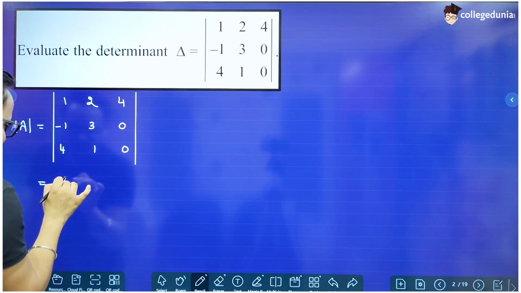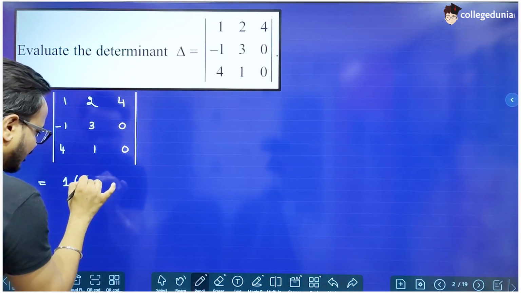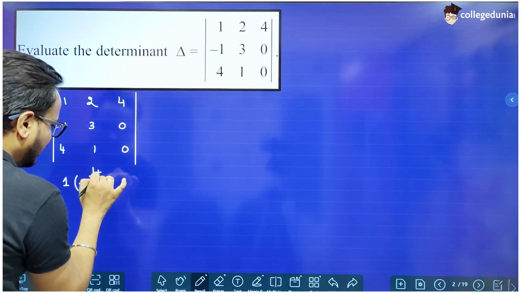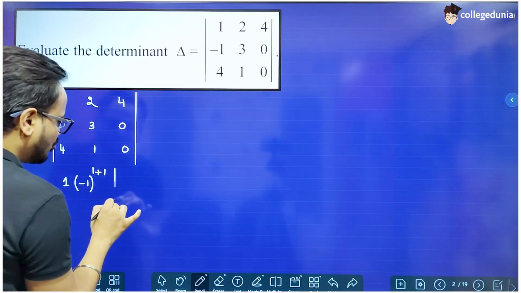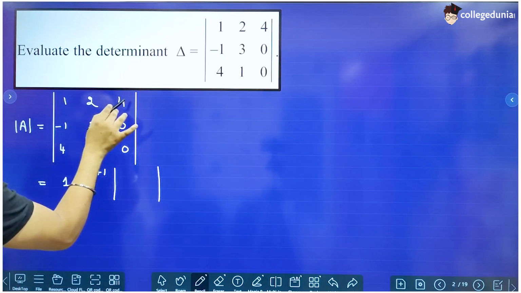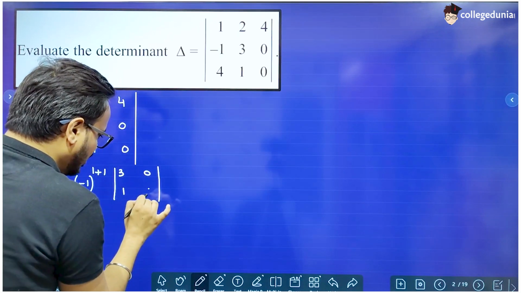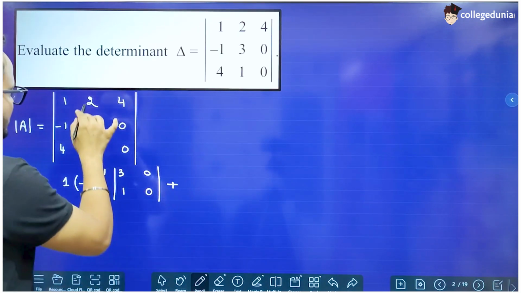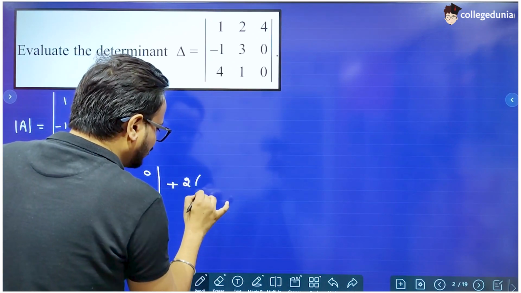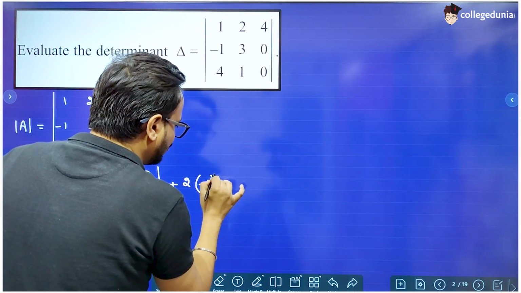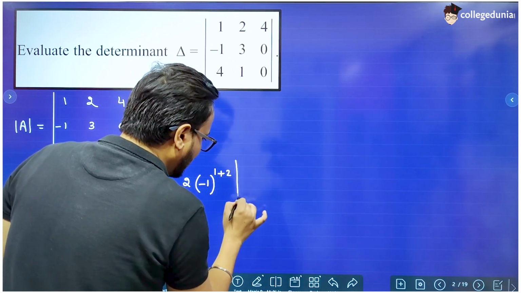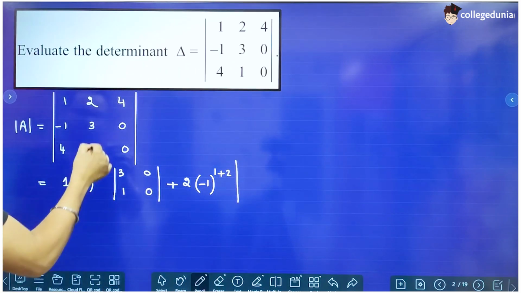So let's first write the first element of row 1, that is 1, and the index of this is 1, 1. So we are left with 3, 0, 1, 0. Plus, the next element is 2. The index of 2 is 1, 2. So minus 1 to the power 1 plus 2, and the 2 by 2 determinant.